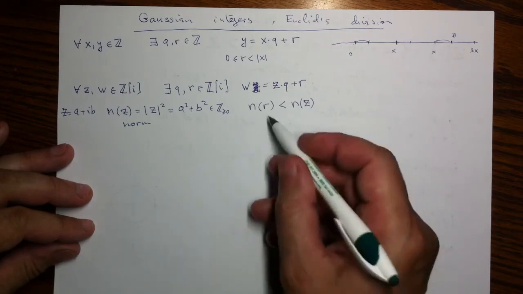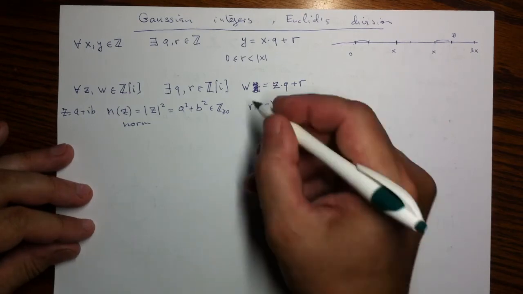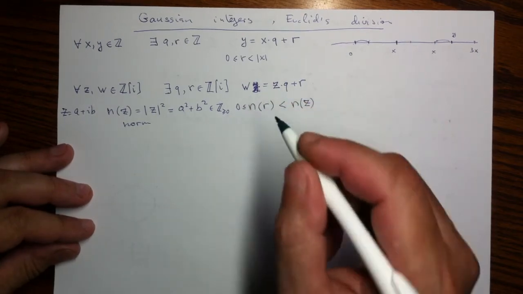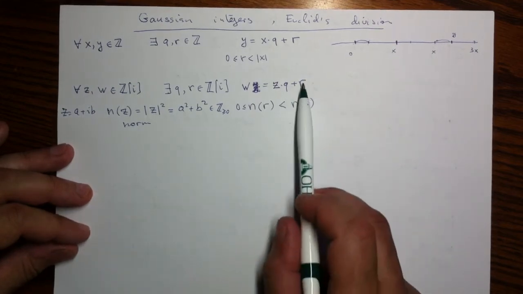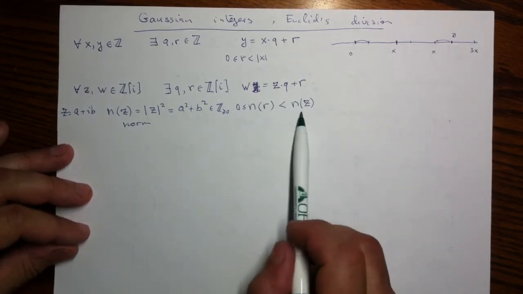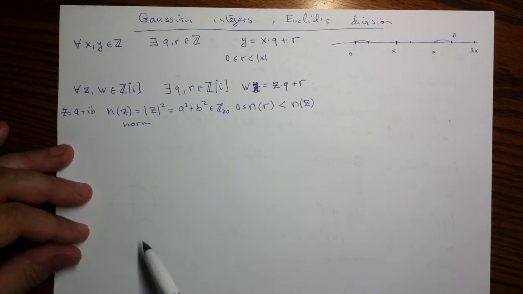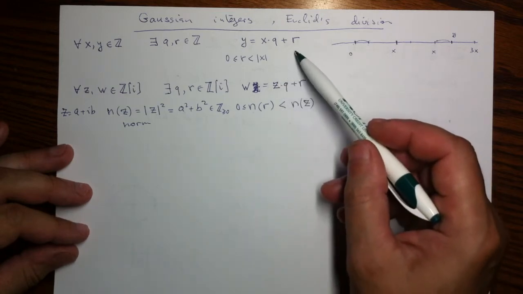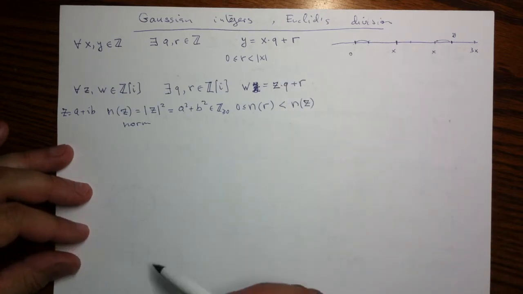So again, we have the bound from below by the nature of the norm, and for the norm of the remainder we have the bound from above. That will be a version, a replication of Euclid's division adapted for Gaussian integers.